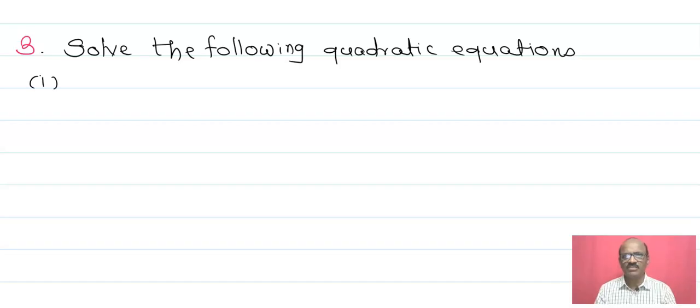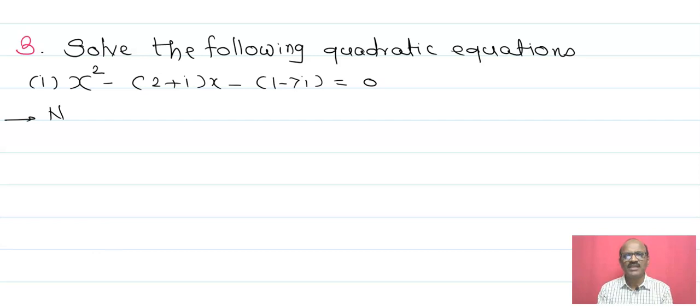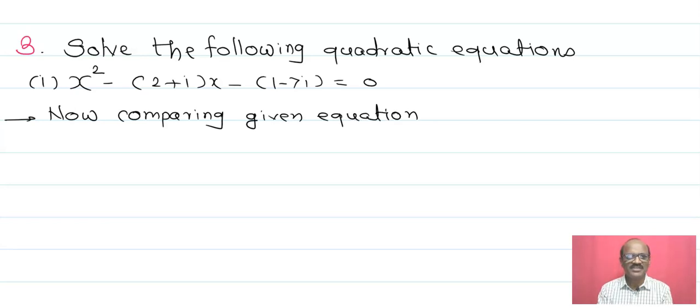Now solve question number 4, that is, solve the following quadratic equation: x square minus (2 plus i) x minus (7 minus 7i) is equal to 0. I had wrongly written question number 3 there, but it is question number 4.